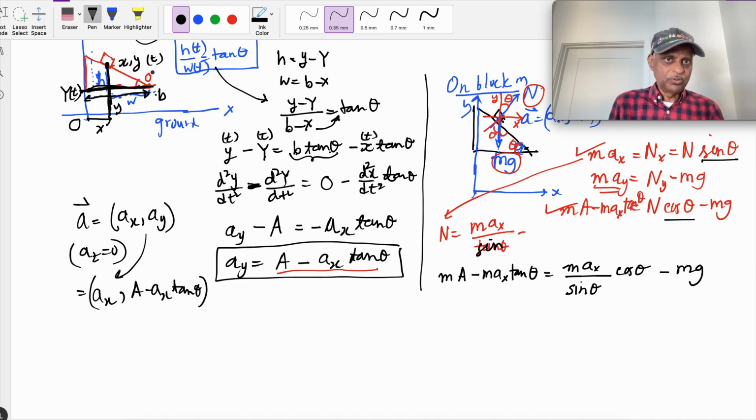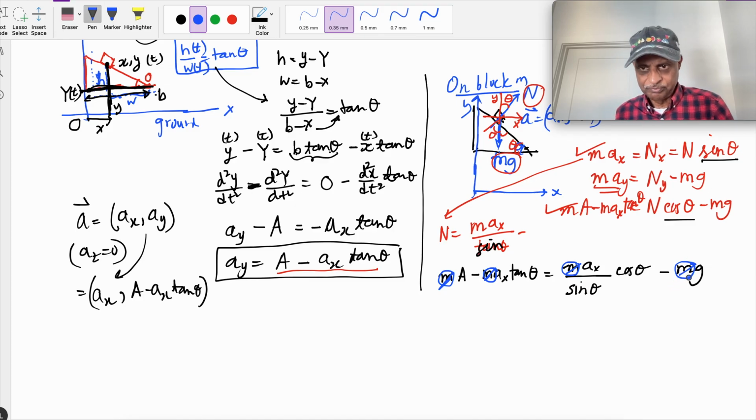So that's what I was saying, you don't need m in the problem, and you can see m is in every term, so we can just get rid of m.